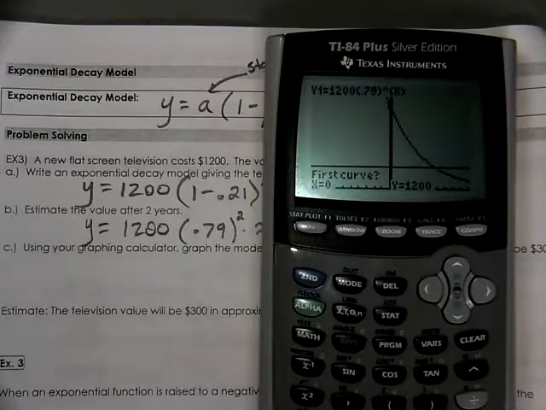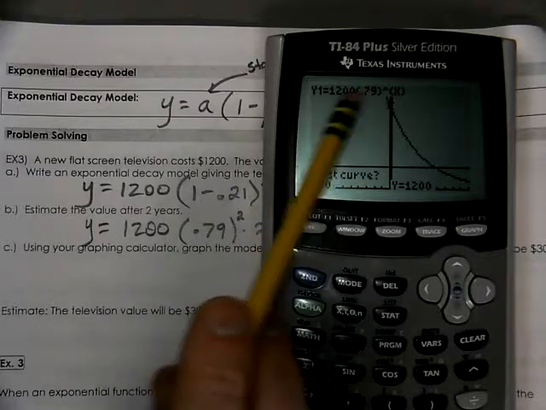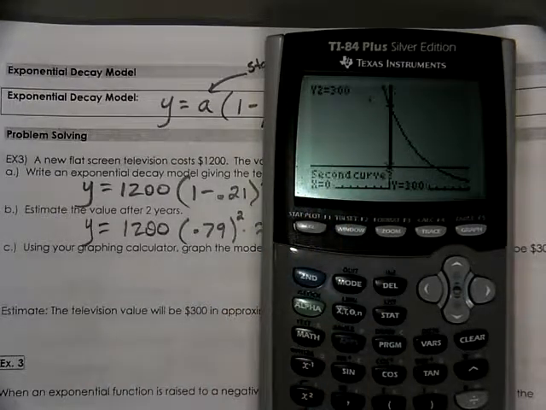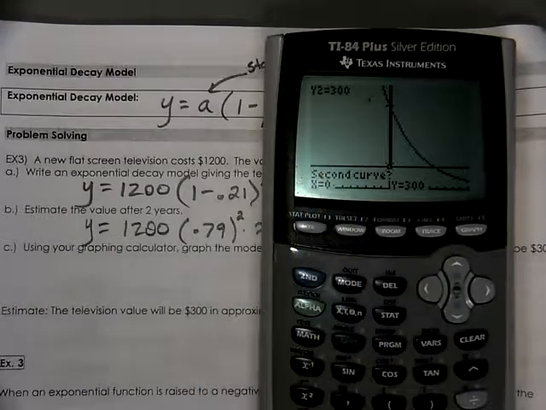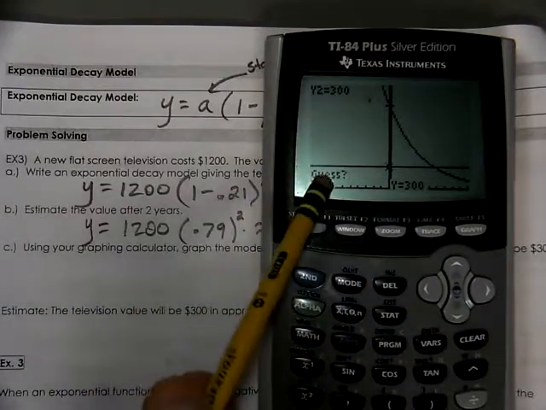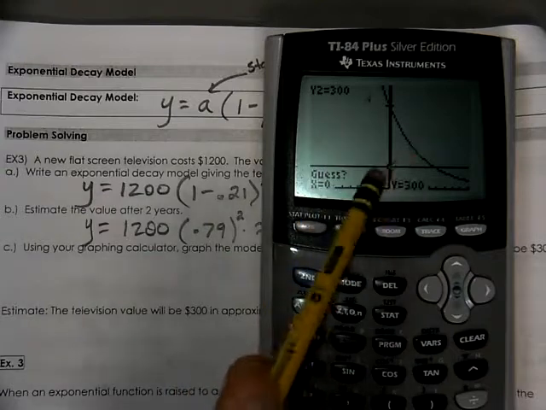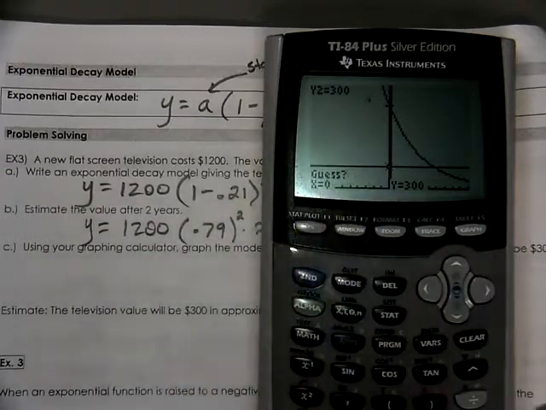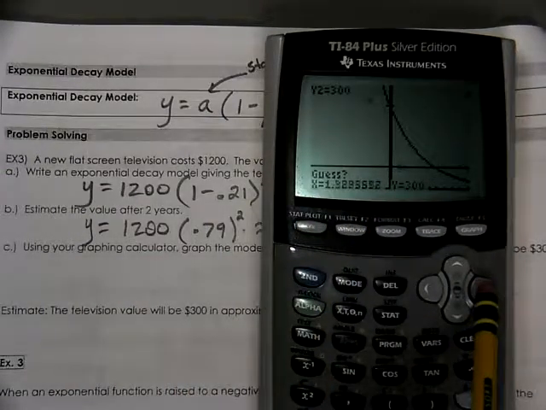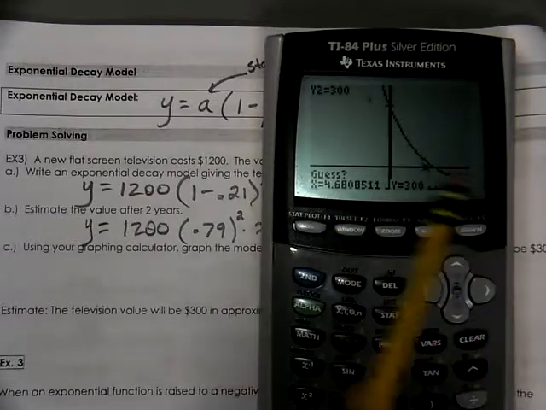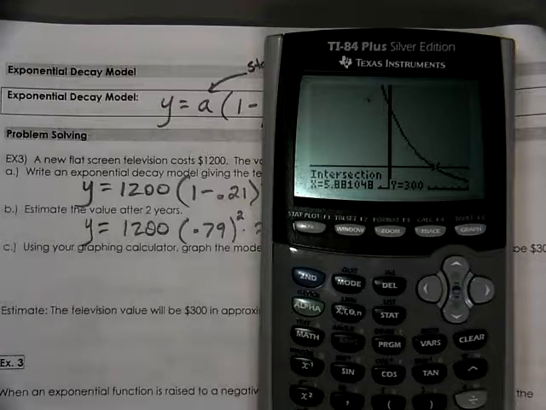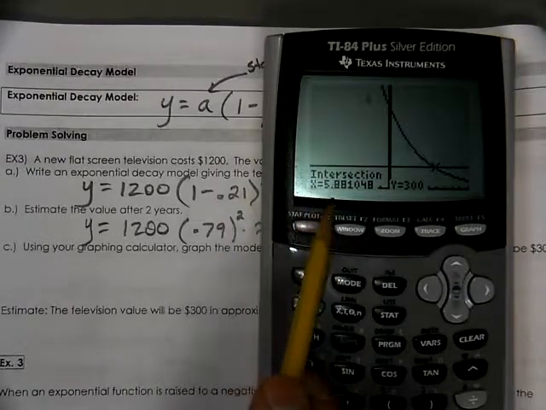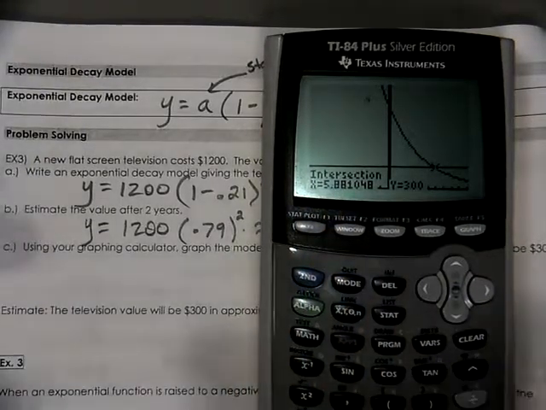Hit enter. Now it asks us, is this our first equation? Yes. Is that our second equation? Of course it is. Then it asks us for a guess. Do these two graphs cross more than once? No, but you're welcome to get closer if you want. It doesn't really matter. You get the same answer. So it looks like 5.88 years.